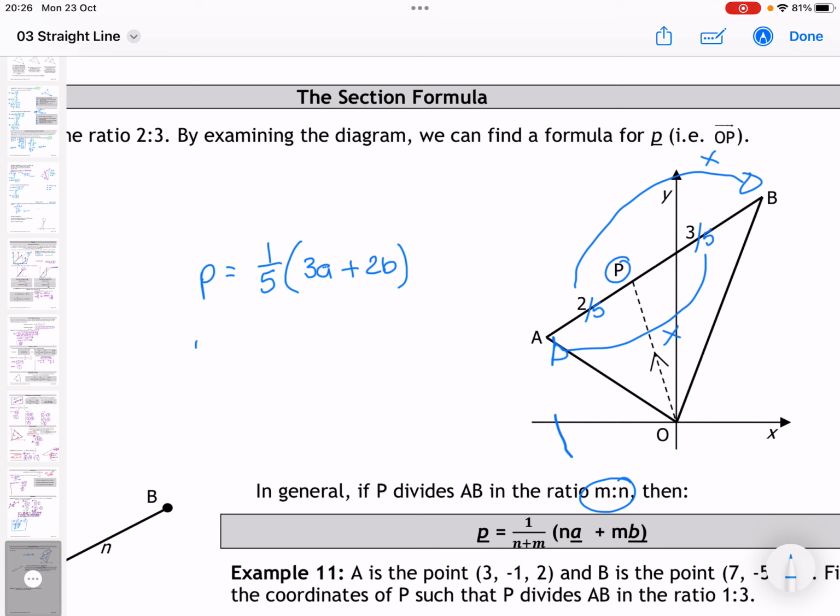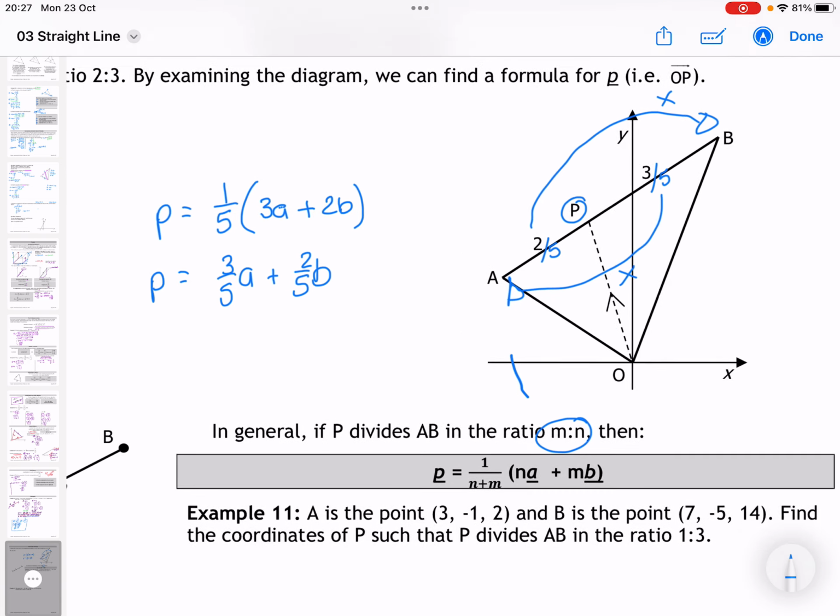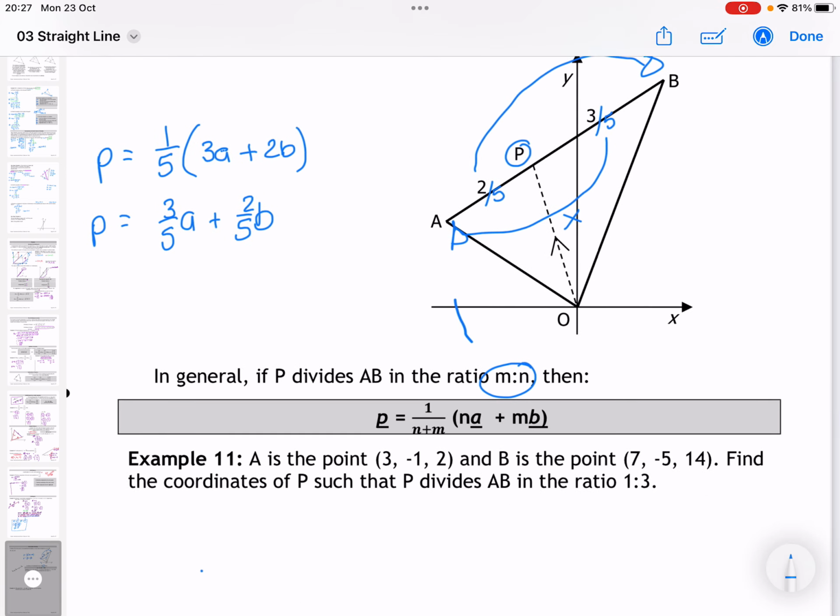But the other way you can do it, which is the way I like to do it, is I would say it's 3/5 A plus 2/5 B. It's completely and utterly up to you, because this formula can be rewritten as P is equal to n over n plus m A plus m over n plus m B. Multiply out the bracket.